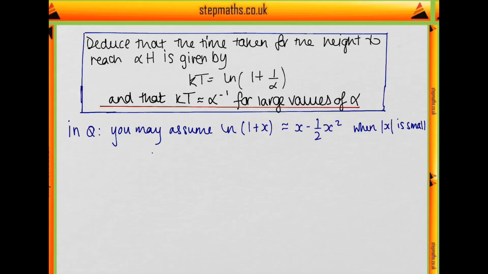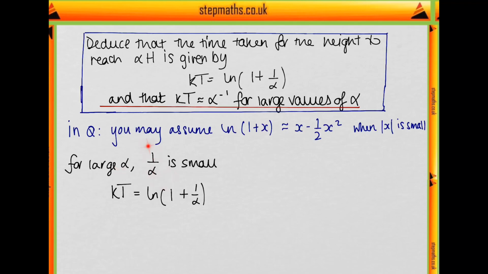Finally, in this part, we're asked to deduce that kt is approximately 1 over alpha for large values of alpha. And at the start of the question, we're also told that we can assume that ln(1 plus x) is approximately x minus half x squared when the modulus of x is small. So let's look at our expression for kt.